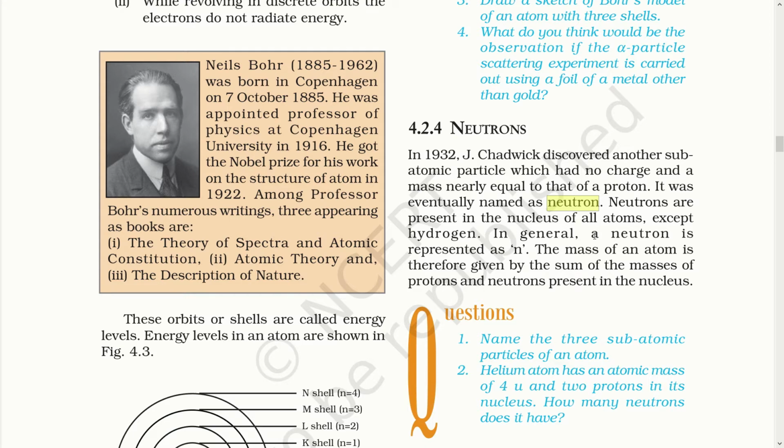In general, a neutron is represented as N. So dear children, when neutron was discovered in 1932, it was found that it is situated in the nucleus of an atom. The nucleus contains neutron and proton, and the masses of neutron and proton were given as the mass of the atom. The mass of the atom is therefore given by the sum of the masses of proton and neutron present in the nucleus.